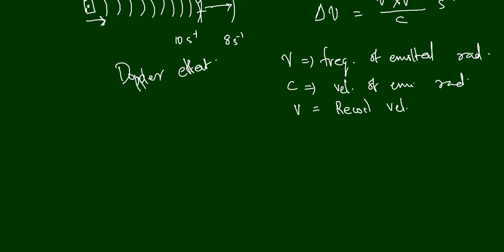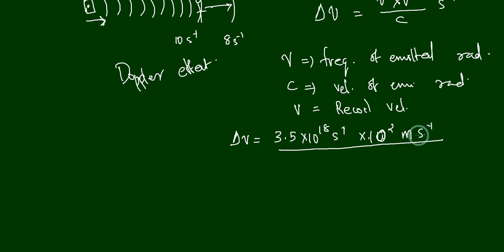So this Doppler shift delta nu is equal to, I am going to substitute for nu, V and C: nu is 3.5 into 10 raised to 18 hertz, into V. V is the recoil velocity, which is 10 raised to 2 meter per second, that we calculated, divided by the velocity of the emitted radiation.